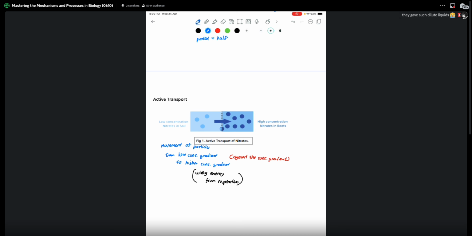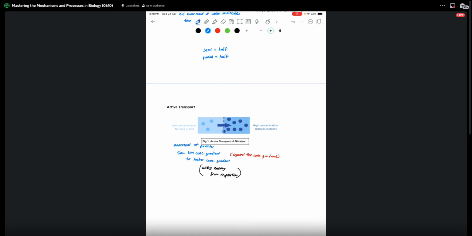So active transport is very good in dire situations of a particular organism when they need some nitrate ions, for example, and the surrounding has very little. But no matter what, because they have the energy to do so, they can use active transport to move from a lower to higher concentration gradient to still get that nitrate ion regardless of whatever happens in the surrounding. So this is a very useful mechanism. So just remember, active transport is going against the concentration gradient.